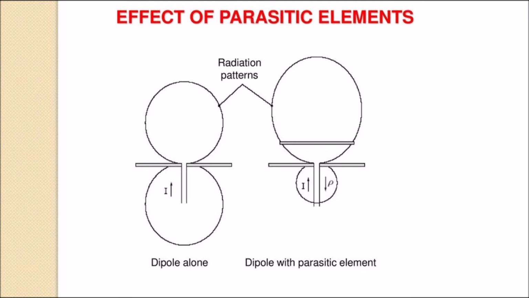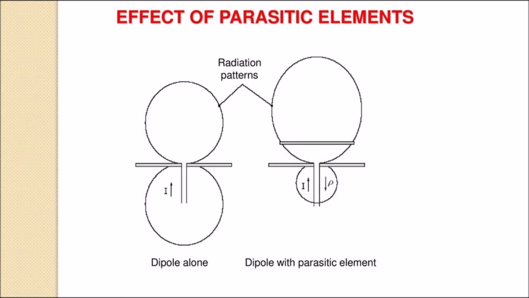The pattern of a dipole can be modified by placing a passive or parasitic conductor near it. Although the parasitic element is not connected to a source, a current is induced in it due to the radiation from the driven dipole.